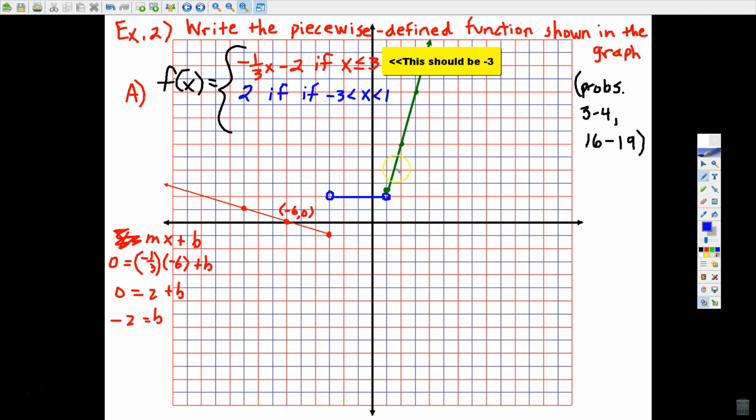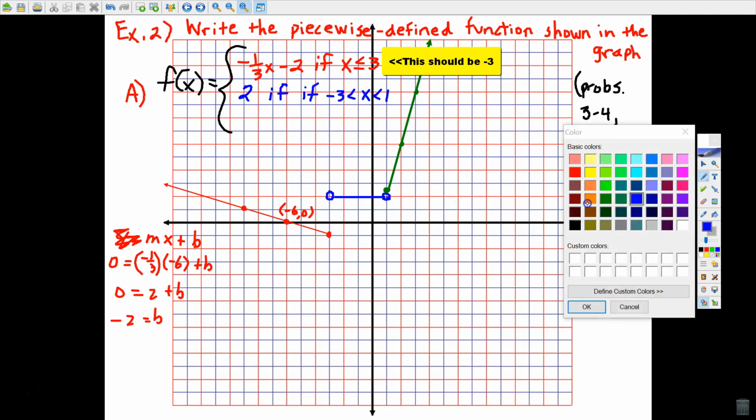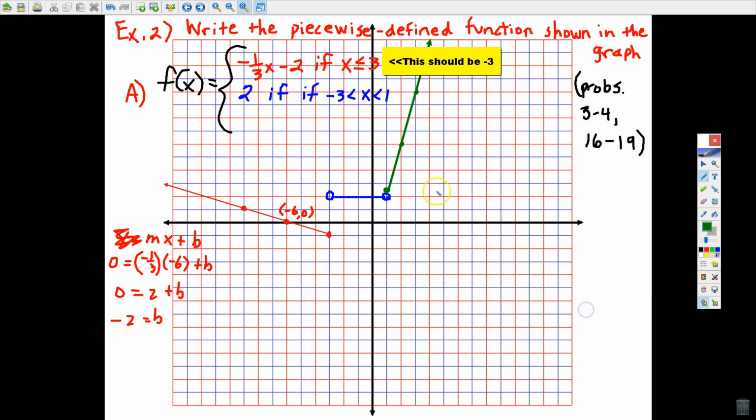So now let's work on the green. On the green, once again, let's find the slope. So 1, 2, 3, 4, right 1, 1, 2, 3, 4, right 1. Looks like the slope is 4/1, which is 4. The y-intercept, I can't really tell, but it's easy enough to figure. Remember, y equals mx plus b, y equals 4 times x plus b.